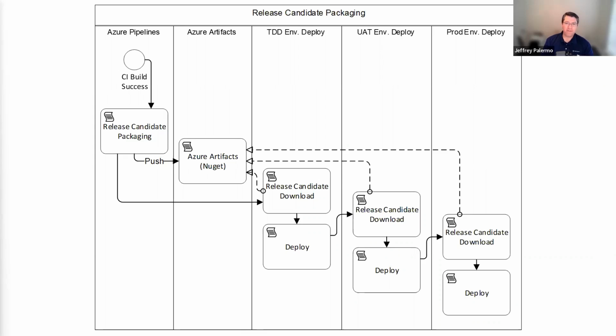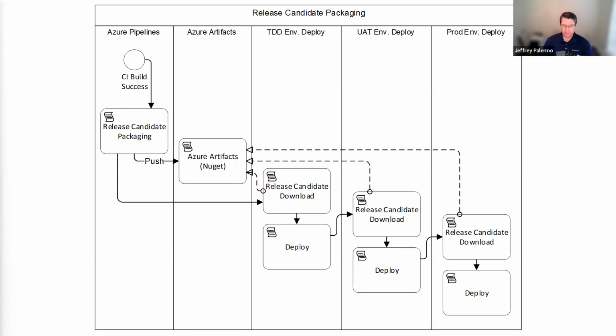It doesn't matter if it's the TDD environment, the UAT environment, or the production environment, the process is the same. By the time we deploy to production, we're getting the exact same release candidate, same version, from Azure Artifacts, and running the same script to deploy it to the production environment.